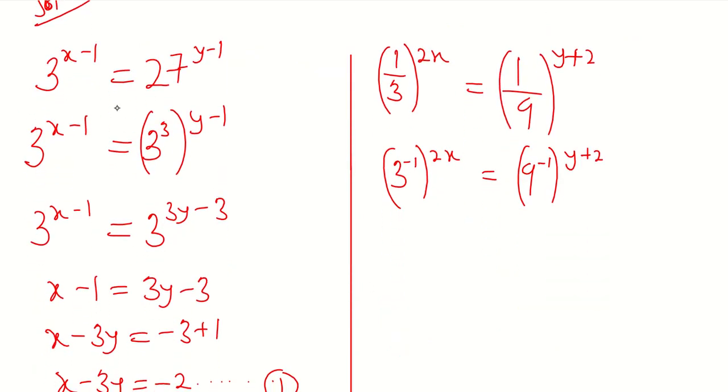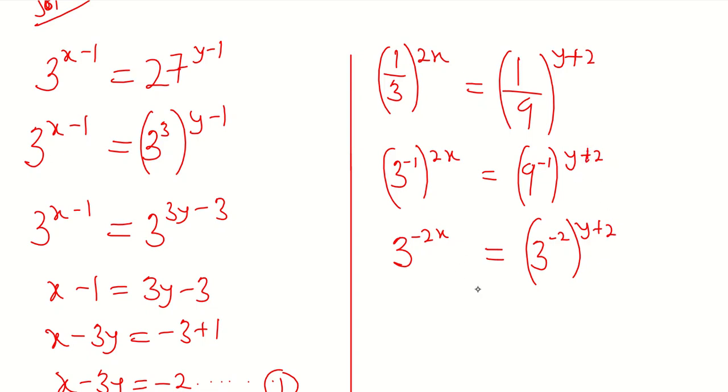Now we can express 9 as 3 exponent 2, and before that we can simplify the left hand side of the equation, and that becomes 3 exponent minus 2x, which is equal to 3 exponent minus 2 all multiplied by y plus 2.